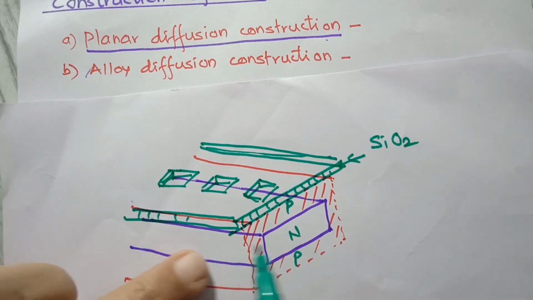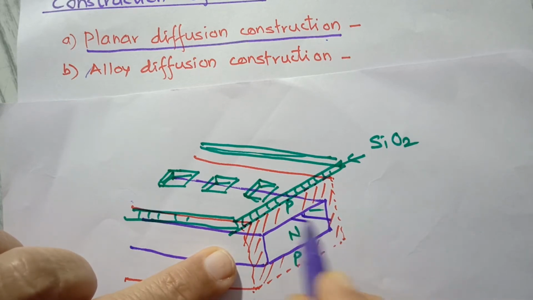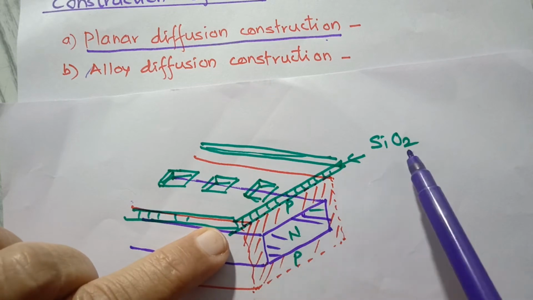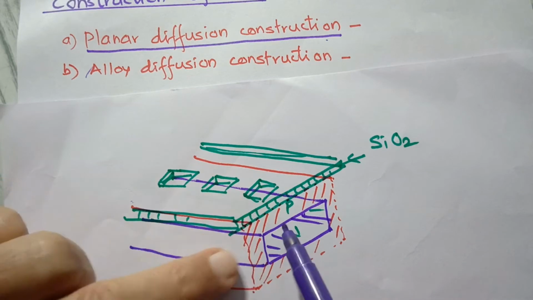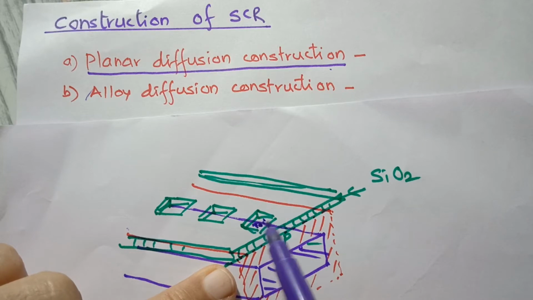So I repeat now, inside we have an N type slice, then diffused by P type impurity from both sides, then masked with the silicon dioxide layer with windows. So through the window this region is exposed, and through this window we deposit N-type impurity.